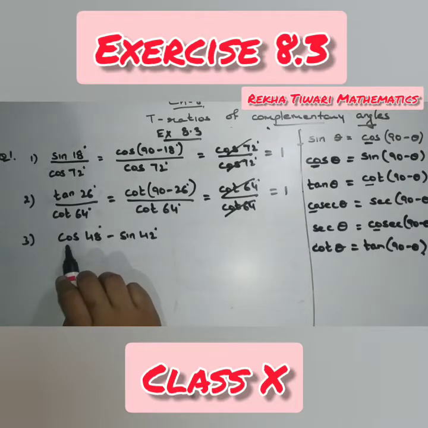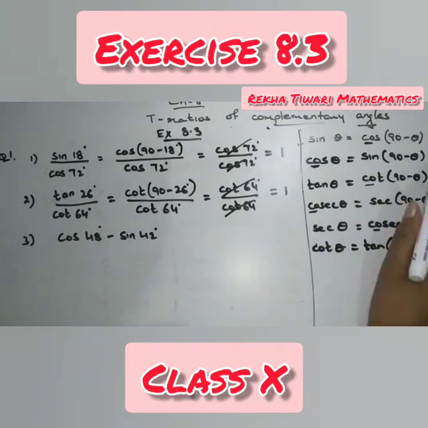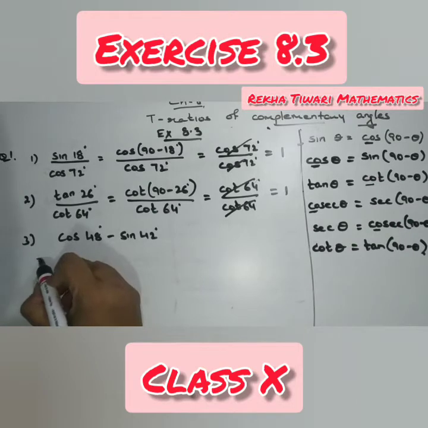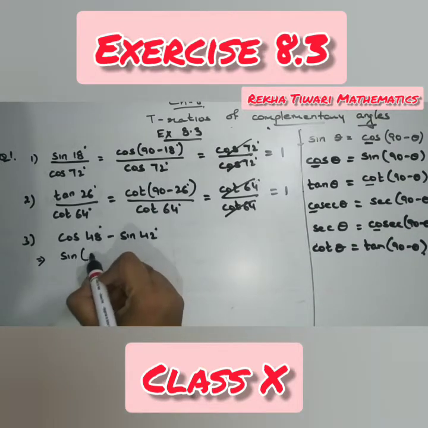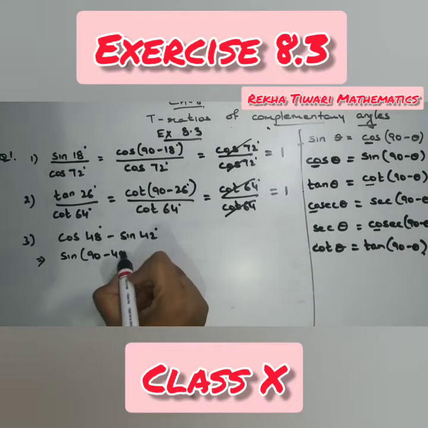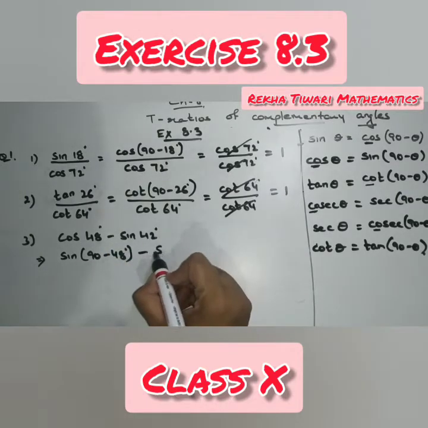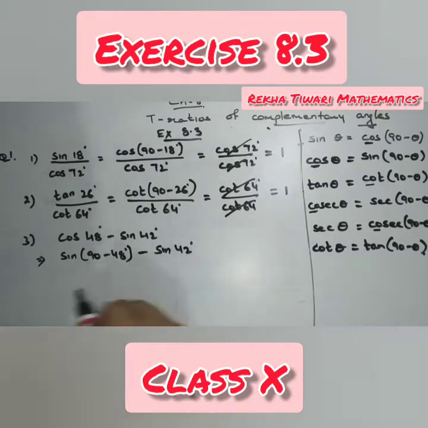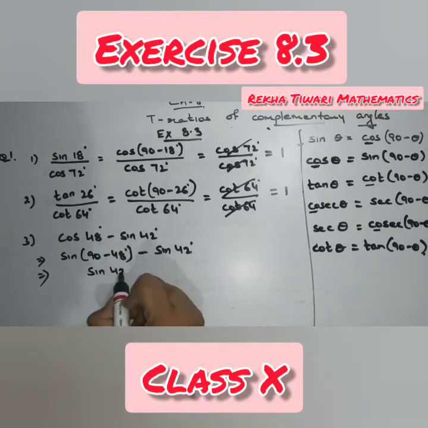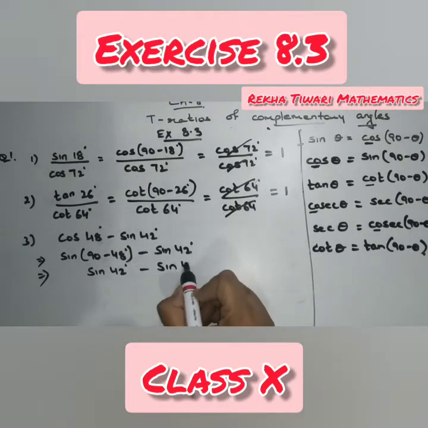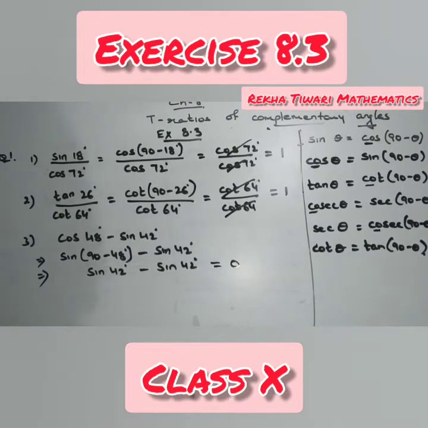This time I am changing cos theta. So cos theta is what? Sin 90 minus theta. Let me change this now. So this becomes sin 90 minus 48 degree. Minus, leave this term as it is. So sin 90 minus 48 is 42, minus sin 42. Sin 42 degree minus sin 42 degree is 0.